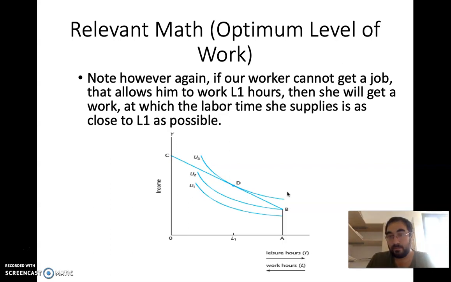So they ask me how much money I would like to give up if I work for one more hour. I say $10. And $10 is exactly the amount of wage if I work one more hour.